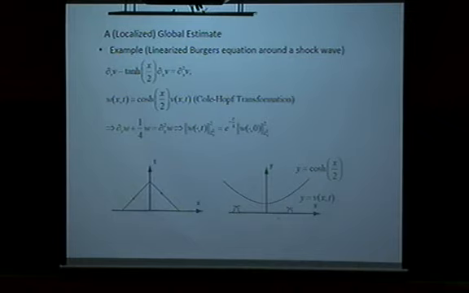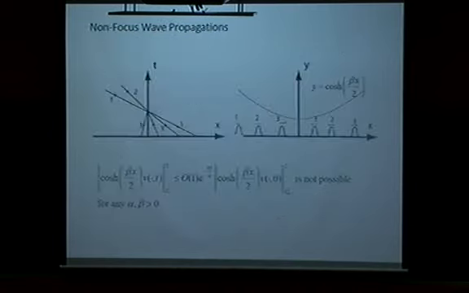But this condition, that all the waves go into the shock, is too strong. If you look at wave propagation in the hyperbolic equation, you see some waves going into the shock, but some other waves do not go into the shock; they are just crossing it.